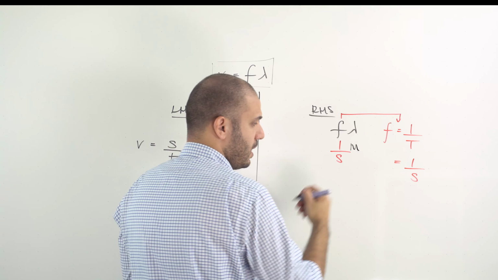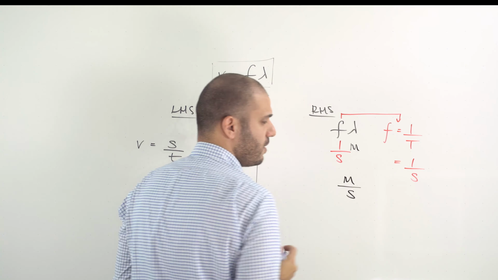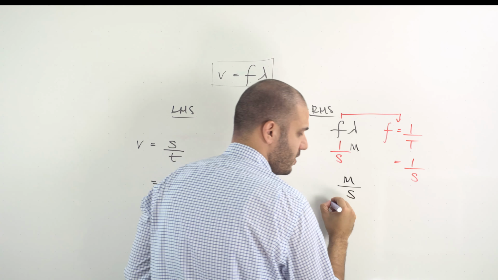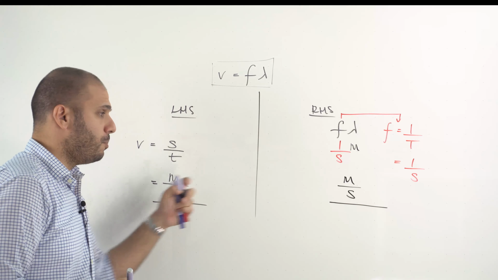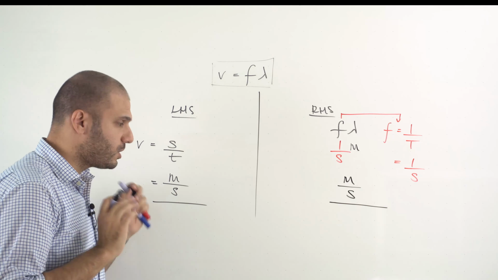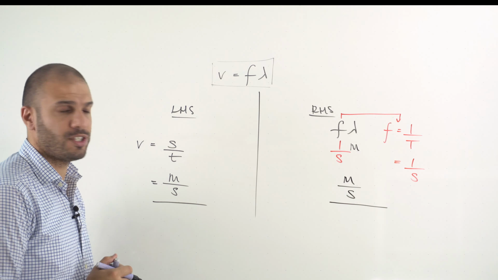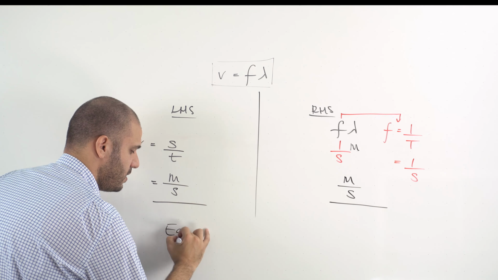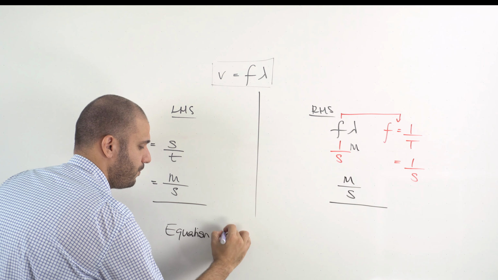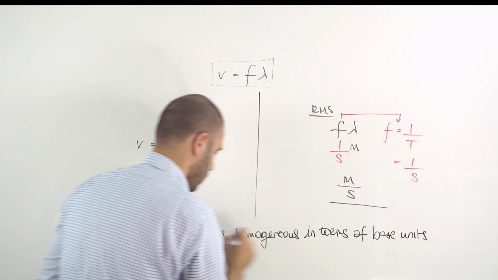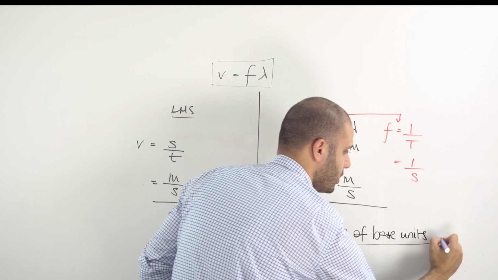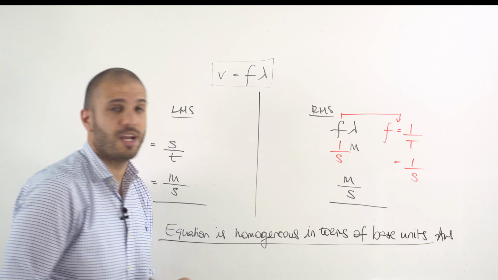And what we end up with there is meters per second for the right hand side. Comparing both sides, we've got identical base units, and therefore we can safely say that our equation is homogeneous in terms of base units, and that is our final answer.